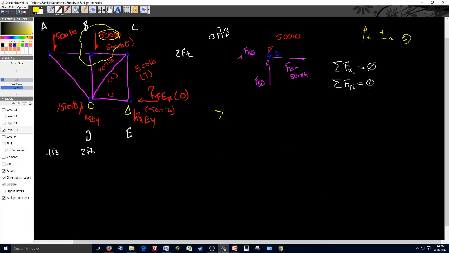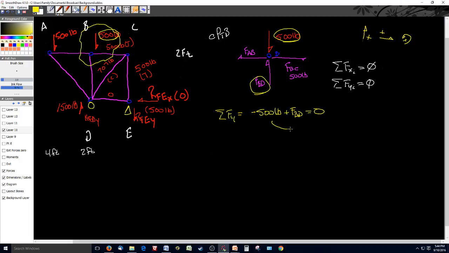The sum of the forces in the y direction equals a minus 500-pound load down, right here, and FBD, right here. Real simple algebraic equation. All of that is going to equal 0.